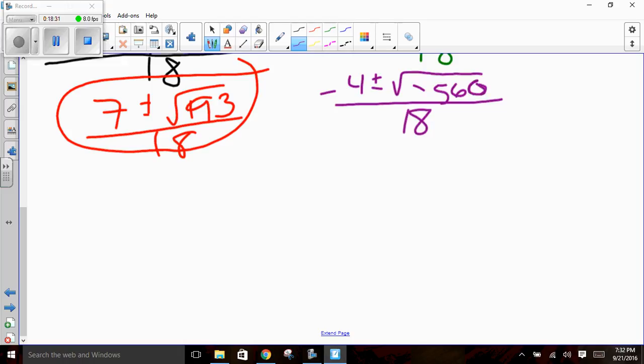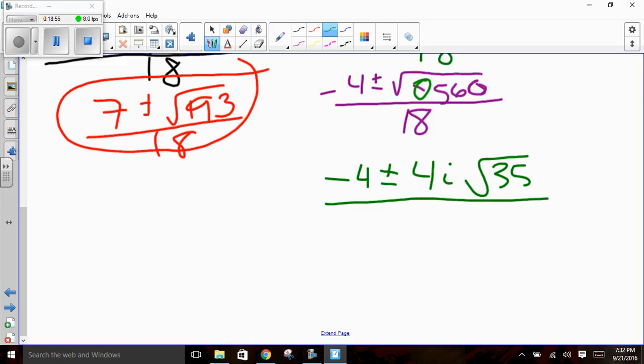I will tell you that -560 breaks into 16 times 35. So I get -4 plus or minus. The square root of 16 gives me 4. The square root of that negative sign gives me i. And then that 35 stays underneath because all I have left is 7 and 5, and neither of those are perfect.